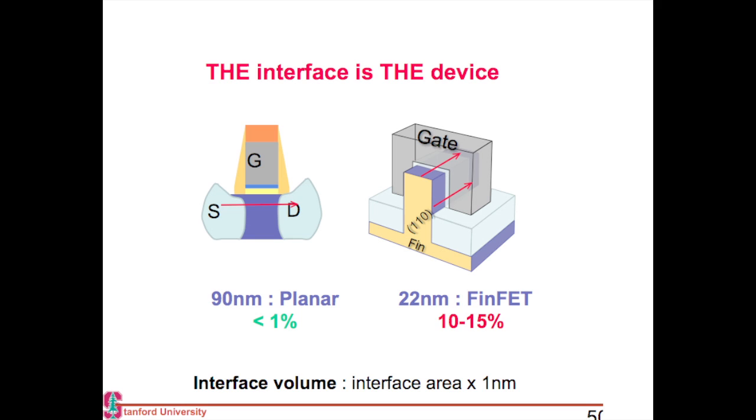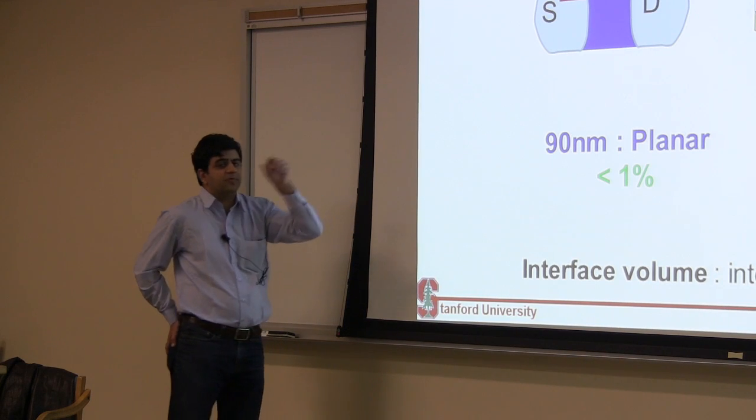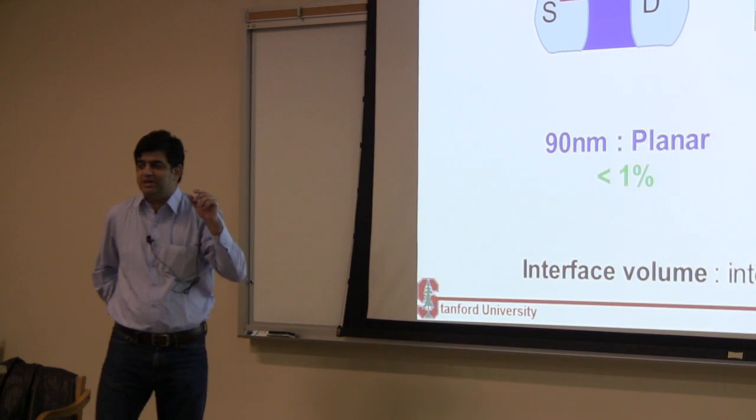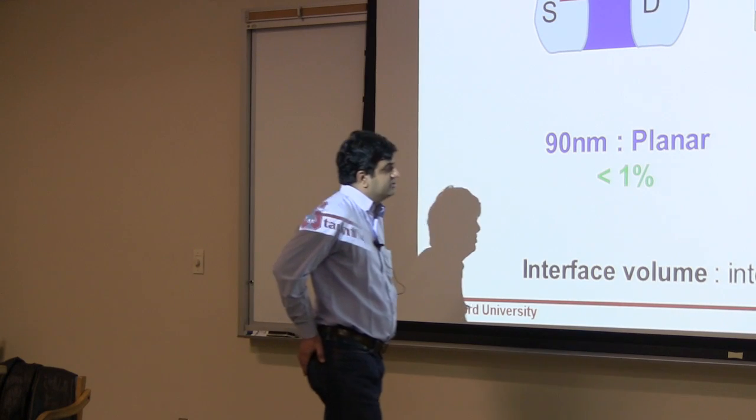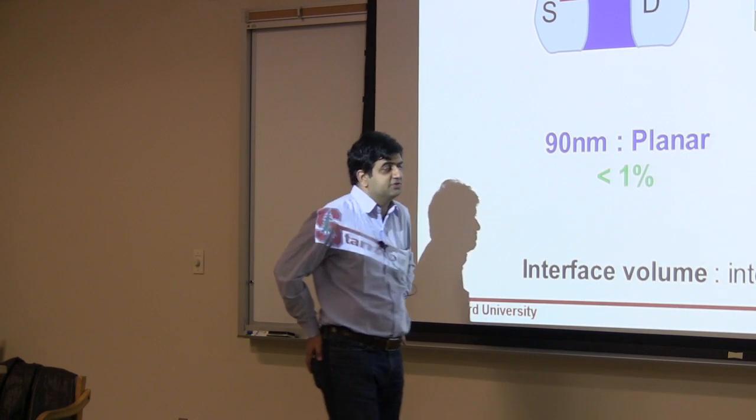So your interface, and the way I'm defining interface volume over here is just multiplying my surface area by 1 nanometer. So I'm calling that top 1 nanometer of volume my interface volume. So in a 90 nanometer planar device, your interface used to be 1% of your device.